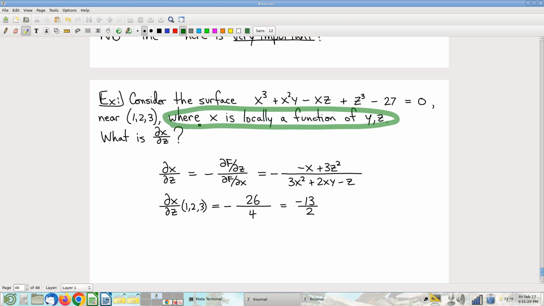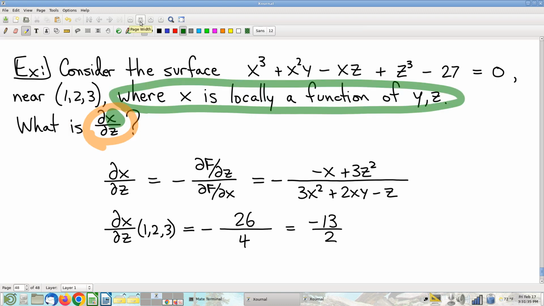Okay, we are now going to ask a follow-up question, which is, what is the partial of x with respect to z? Noticing, as we should, that nowhere in the equation is x indicated as being a function. So again, we're hesitant to take a partial of something that we were not told is a function, but we've already established that it is by our own efforts.